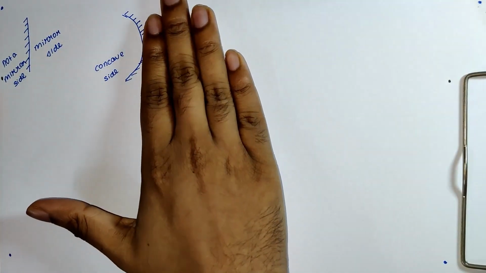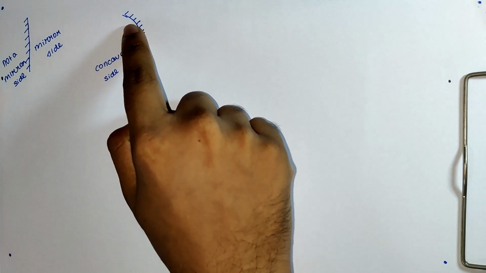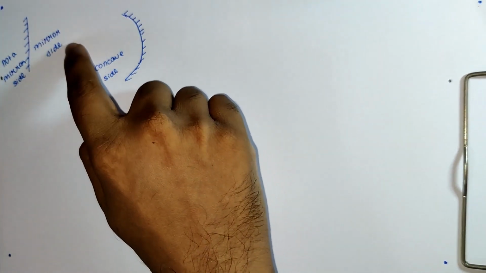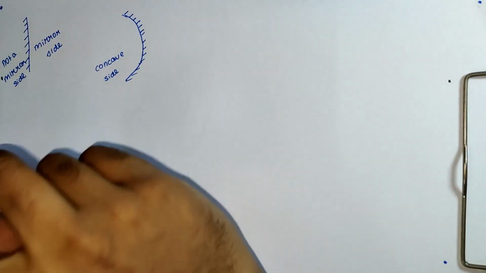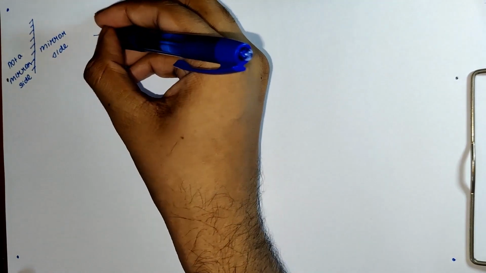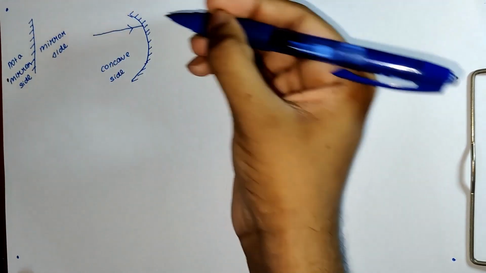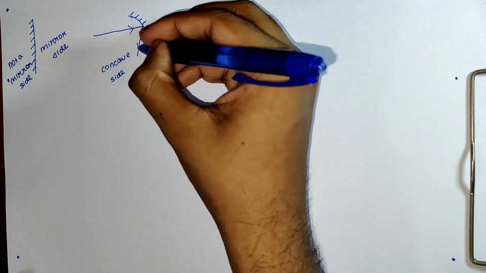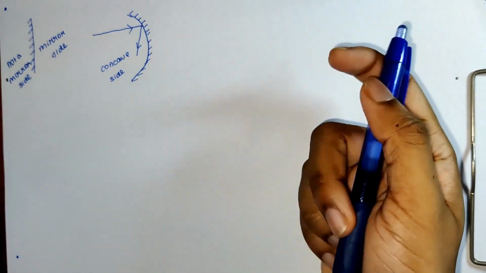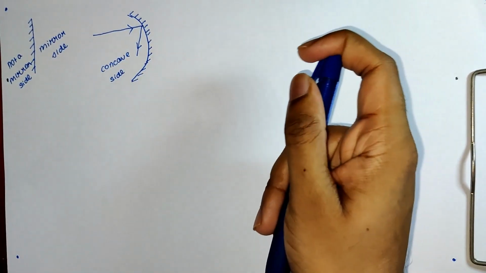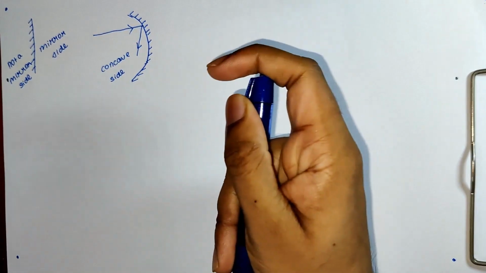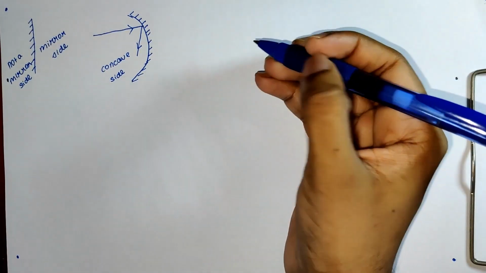This side is completely blacked out, like this side is not present, only this side is present. So the light ray which comes through this will be reflected in such a manner. Suppose a light ray comes from this manner, it will be reflected in some other manner, giving an image that is inverted or enlarged.